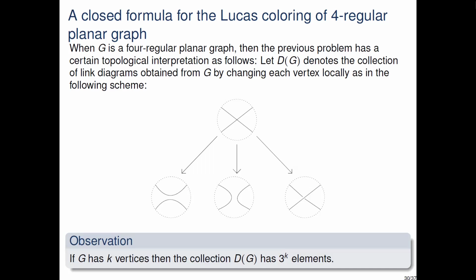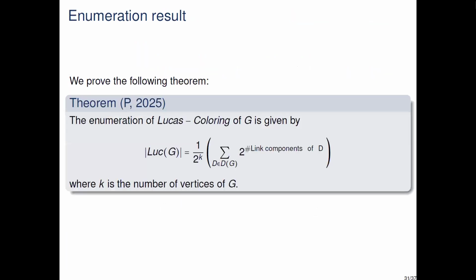Every time, it produces 3 different branchings, so it gives you 3 to the power k different link diagrams. So what is the formula? The enumeration of the Lucas colorings is exactly given by 1 over 2 to the power k, and you are summing over that thing, the 2 to the power number of link components t.